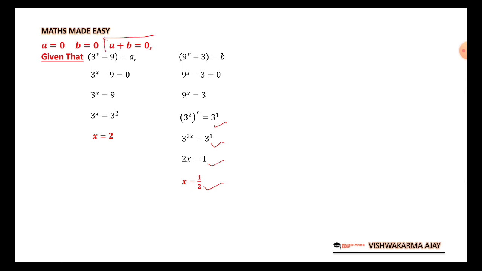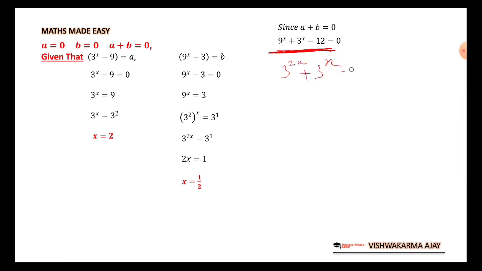Now the last case, a plus b is equal to 0. Since a plus b is equal to 0, and we also know that a plus b is equal to 9^x + 3^x - 12, this is equal to 0. Now 9^x can be written as 3^(2x), so 3^(2x) + 3^x - 12 is equal to 0. I can take this 3^x as m, or t, or any other variable which comforts us.